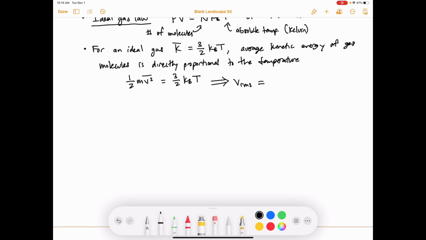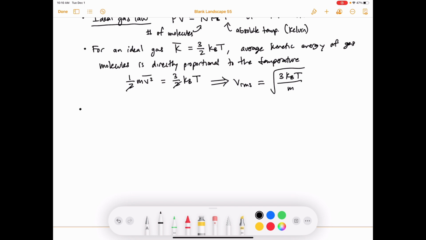That's going to be, well, cancel out the 2 and then divide out the m. So we have the square root of 3 Kb times T over m. This tells us what a typical speed of one of these molecules is, okay?